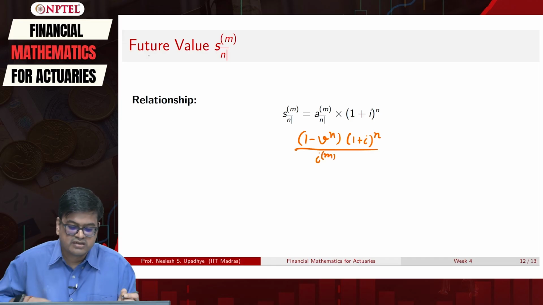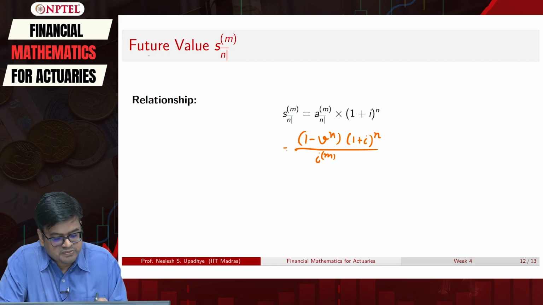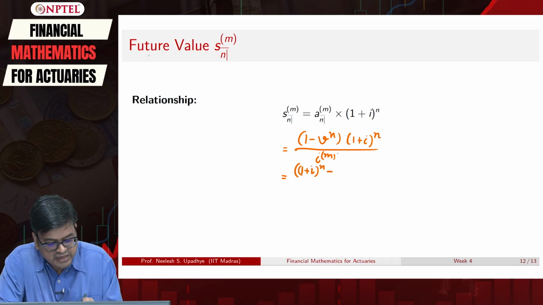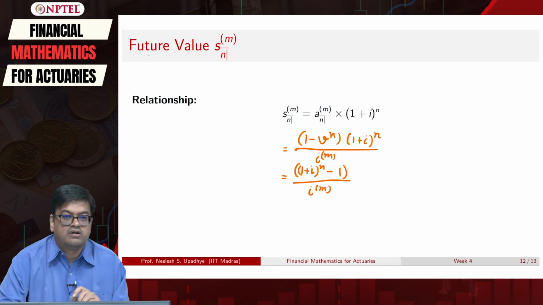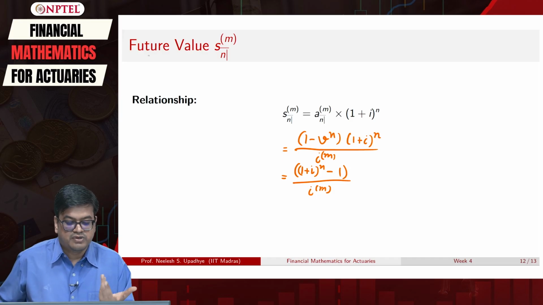This was there, right. So now this v is what, 1 upon 1 plus I. So it is very simple to see, this actually converts into 1 plus I raised to n minus 1 upon I m, very simple, right.